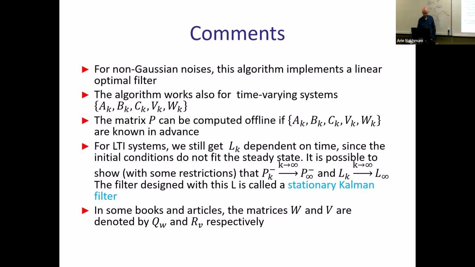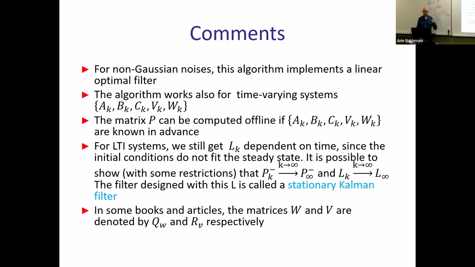What else? You also have all kinds of problems with different textbooks. They call different variables by different names. So for you to be familiar, sometimes matrices W and V are called Q_W and R_V, or sometimes even Q and R, similar to LQR. They use the same variables for LQR and the Kalman filter, Q and R, to define different variances or covariance matrices for noises.